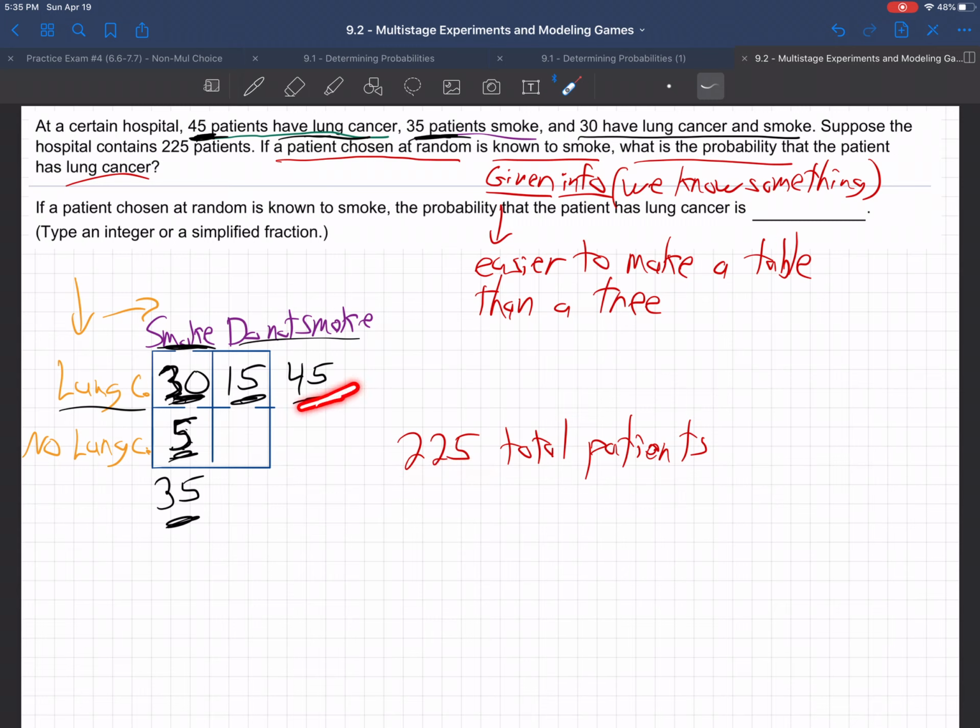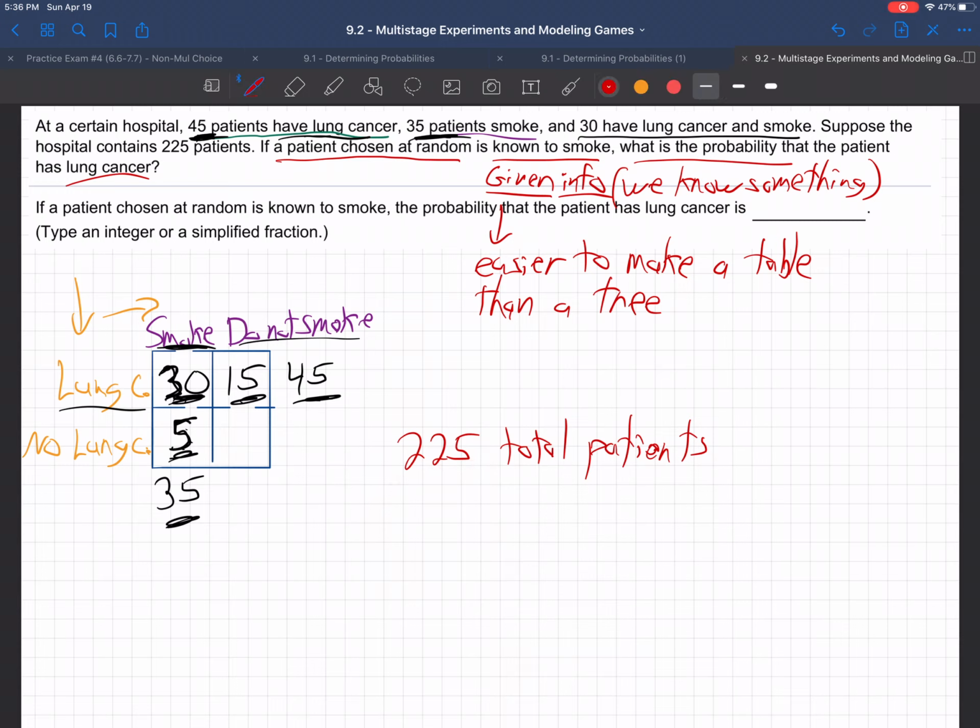Why? The numbers on the outside are just totals of the numbers on the inside. The 30 and 15 make 45, and those 45 are already counted. These 35 are just a summing up of 30 and 5. So the box has everybody, and what's outside the box are just totals. And they're telling us there's 225 total patients.